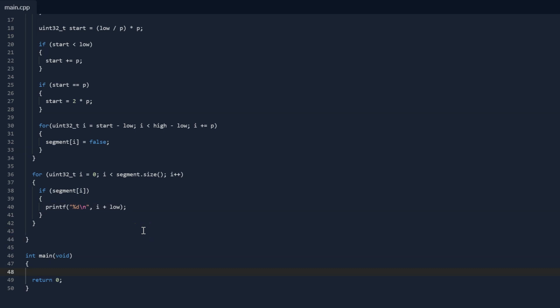All right, so we need to compute the upper bound of the maximum prime number that we need to compute. So this is given by, let's call it max num to test. We need to cast this to an unsigned int, as it's the result of a double, which is the square root of the maximum value of n in 32 bits.